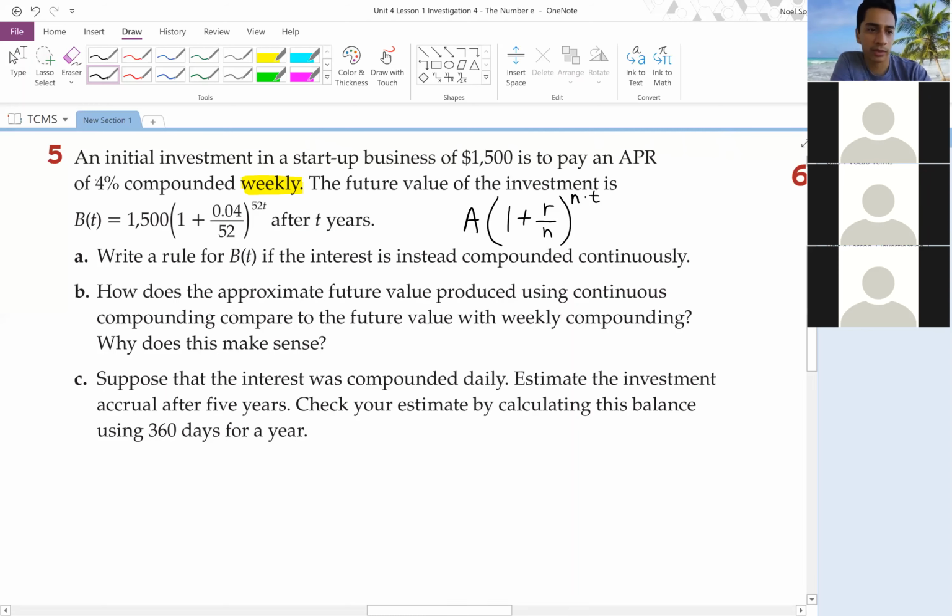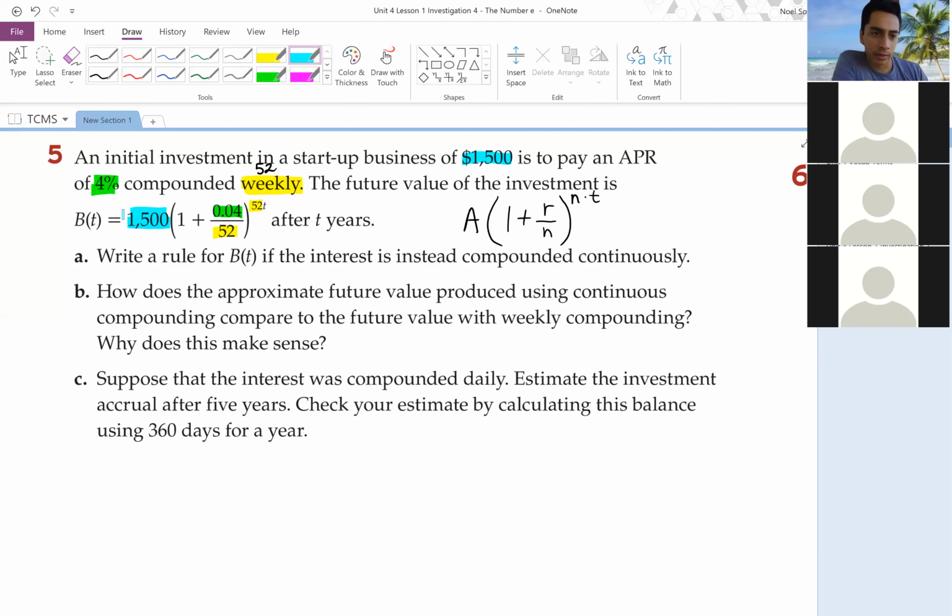You have your rate, which is 4%, and they turn that into a decimal, and that's how we have 0.04. Weekly is the amount of weeks in a year, and since there's 52, we see the 52 represented for your n value. The 1500 was the initial investment, and that shows up as your a value. So everything is there where it should be.